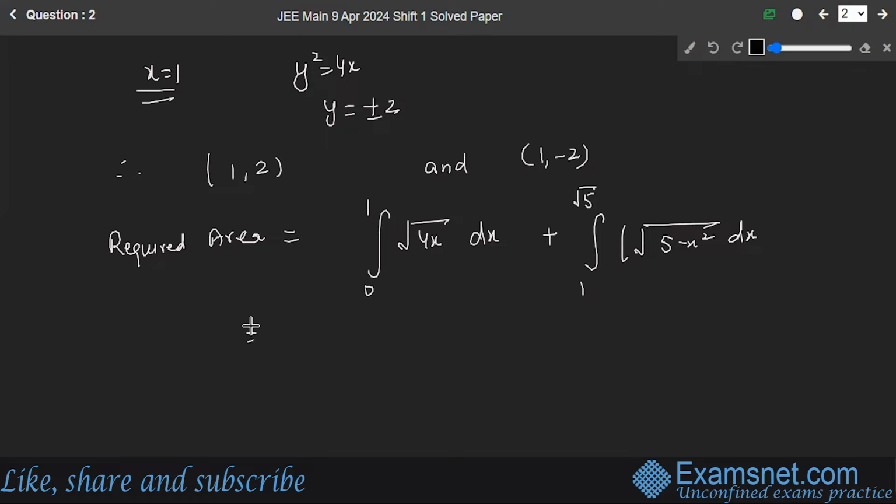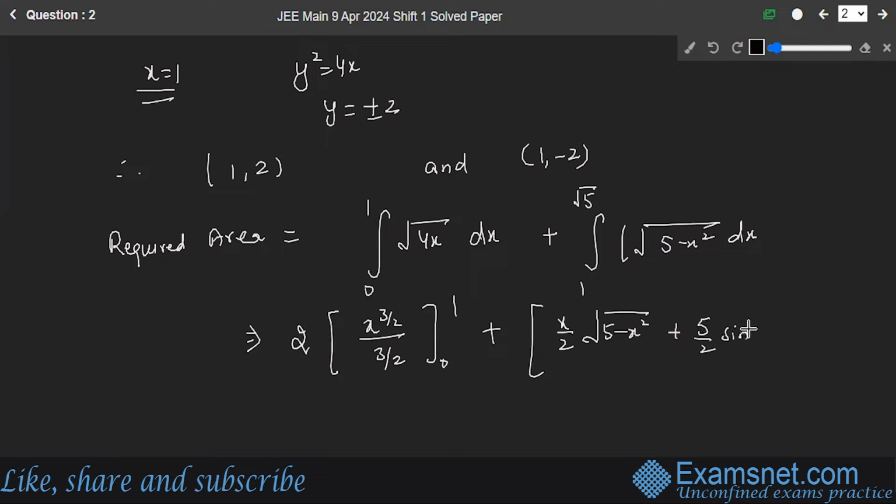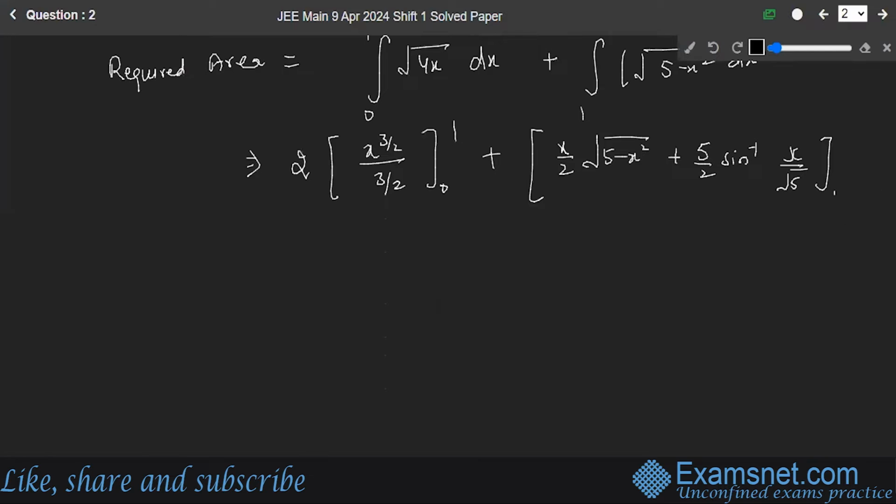So this is equal to, I'll be taking 2 outside, root of x. This is x to the power 3 by 2 divided by 3 by 2, from 0 to 1, plus x by 2 root 5 minus x square, plus 5 by 2 sine inverse x upon root 5, with limits 1 to root 5.